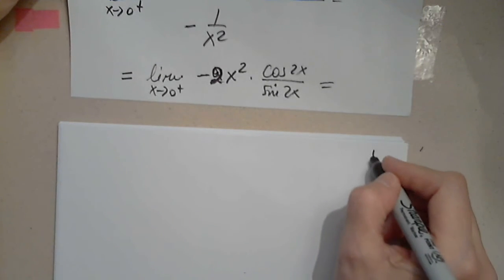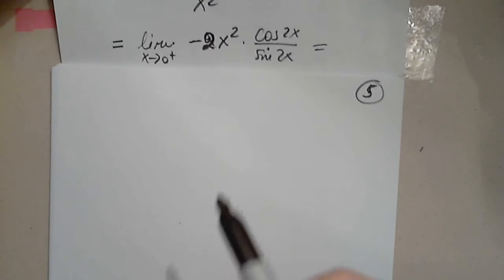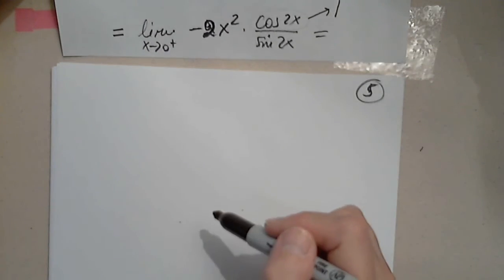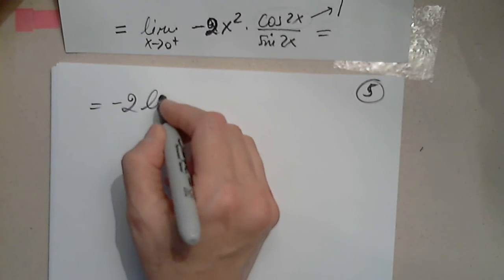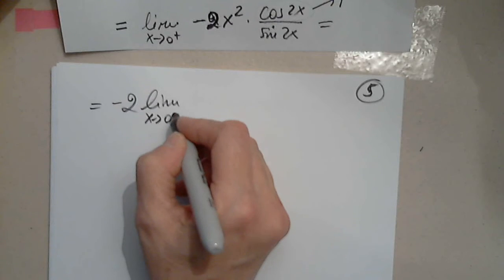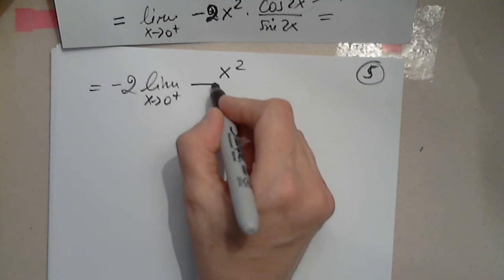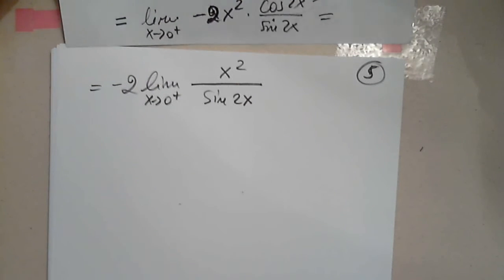I continue. Cosine 2x approaches 1. It's not a problem. So then I put a negative 2 outside. Limit as x approaches 0 from the right, of x squared over sine 2x.